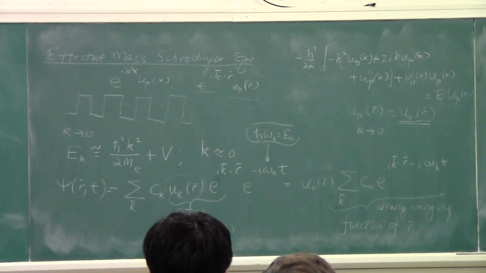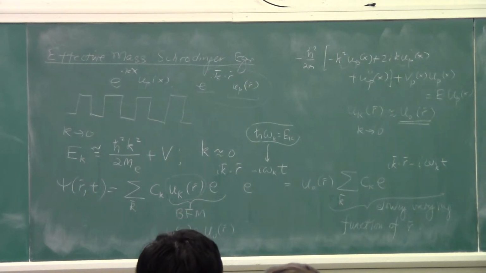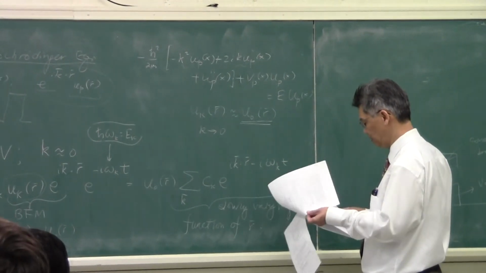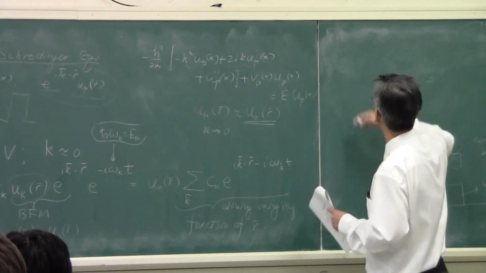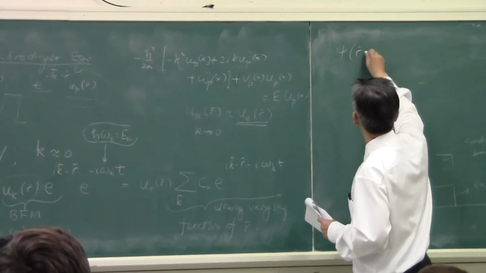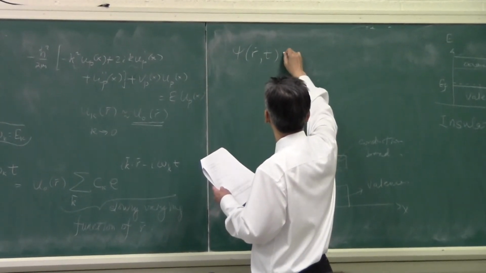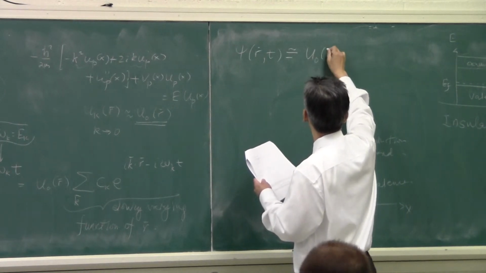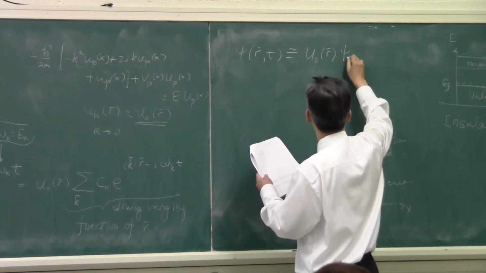So in the long wavelength limit, I can think of the Bloch mode as being expressible in something much simpler, or the Schrodinger wave function can be approximated with just this function times an envelope function.